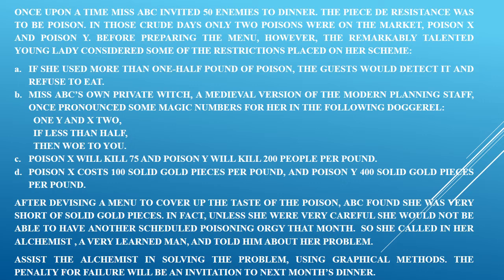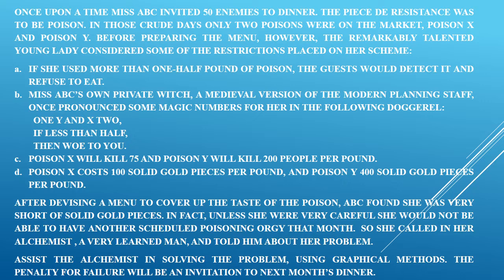It will help you to formulate the objective function. Then poison X costs 100 solid gold pieces per pound and poison Y 400 solid gold pieces per pound. Now I am just repeating the point: poison X will kill 75 and poison Y will kill 200 people per pound.